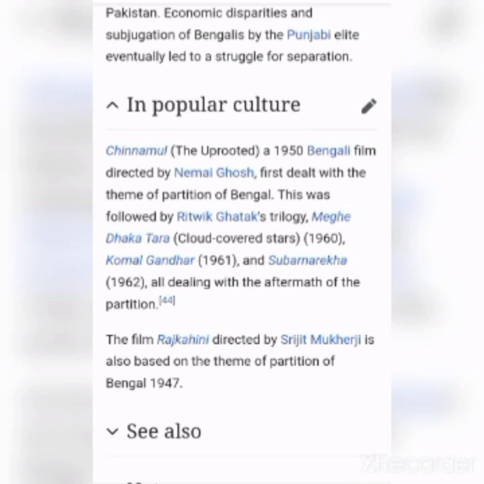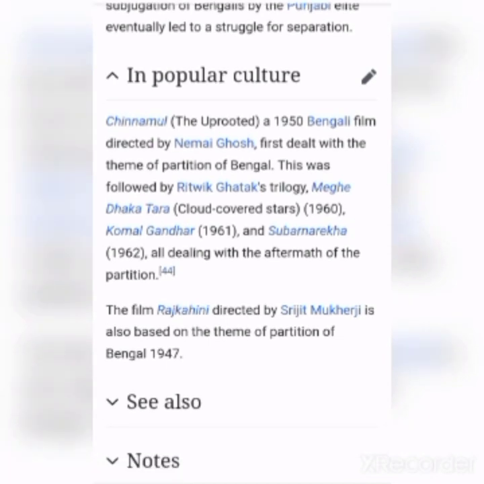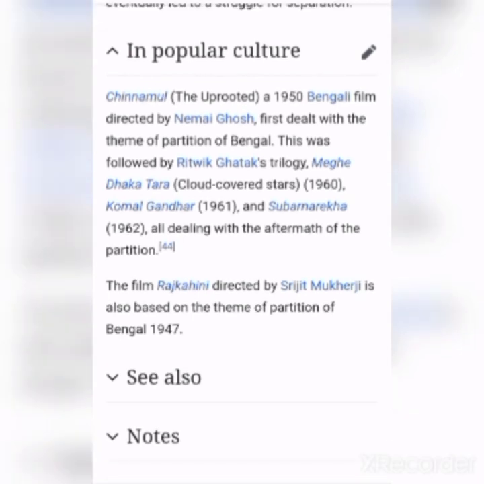This was followed by Ritwik Ghatak's trilogy: Meghe Dhaka Tara (Cloud-Capped Star) 1960, Komal Gandhar 1961, and Subarnarekha 1962, all dealing with the aftermath of the partition.